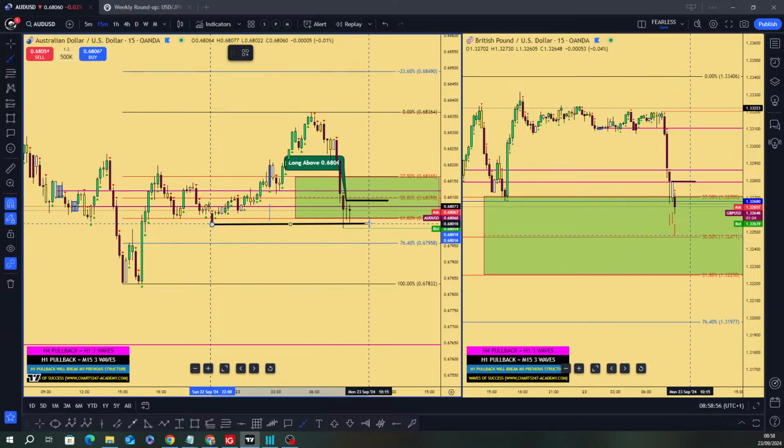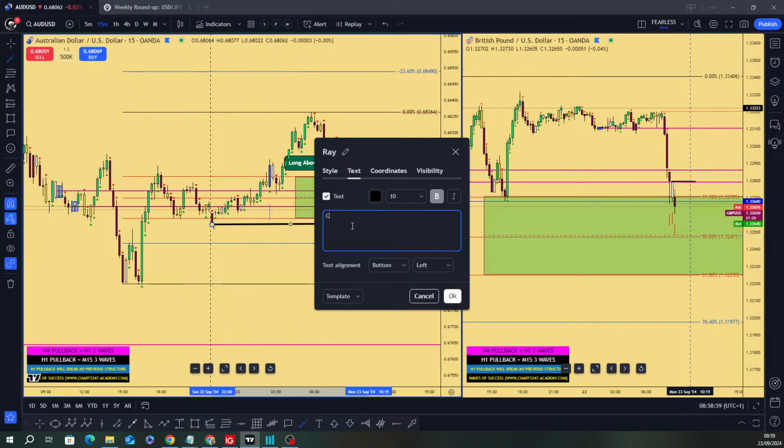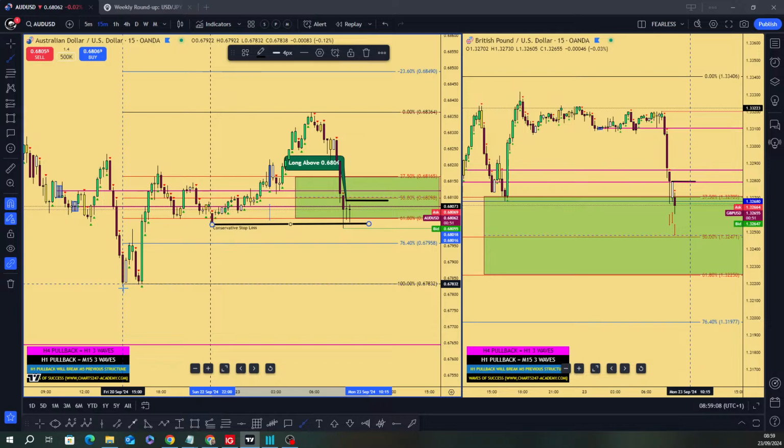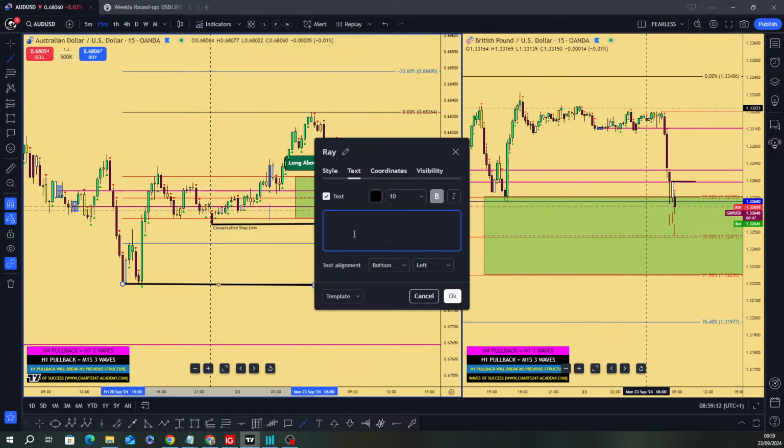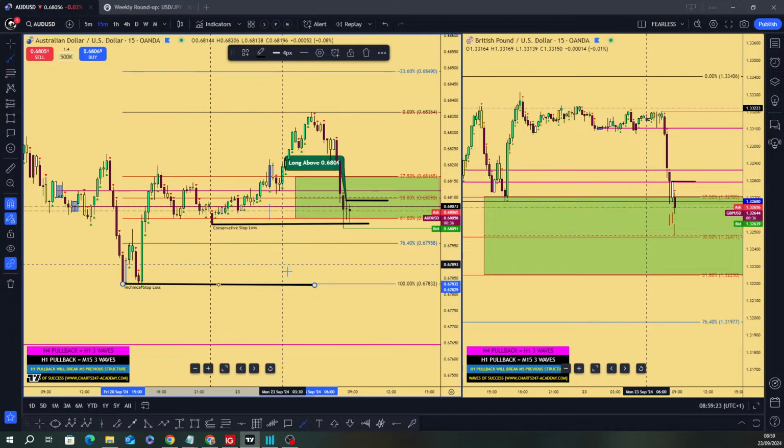We've traded below it once, so that is good. And this low, which is the starting point, will be your technical stop loss. That's the Australian dollar.